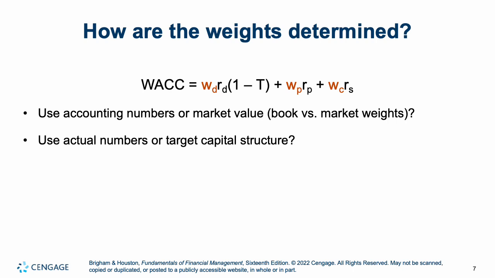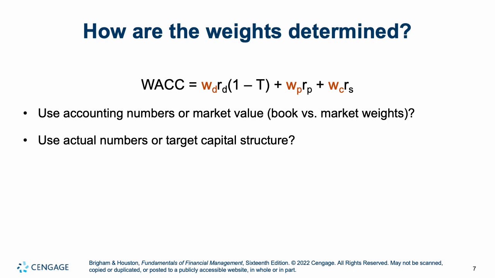So how are the weights determined? Use accounting numbers or market value, use actual numbers or target capital structure. So generally, in the problems we're going to look at, the weights will be part of the problem.